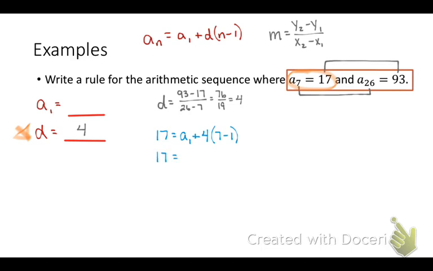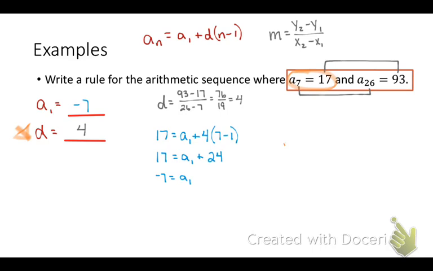And I'm going to have 17 equals a sub 1 plus, I'm going to kind of do a little bit of math here, 2 for 1. And then I'm going to take 17 minus 24, and I'm going to get negative 7. So now I have a sub 1 is negative 7. Now it just goes back to what I did before.